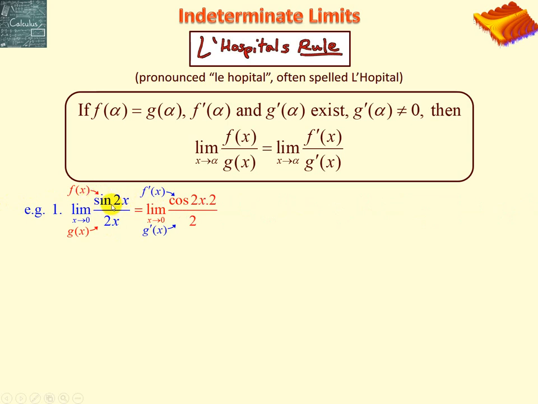Outside function sine, so it becomes cos, and it's still 2x. Inside function stays the same. Multiply by derivative of the inside function 2x, so it's multiplied by 2. All over 2x. Now if we simplify and substitute 0, we're going to end up with 2 cos 0 over 2. And cos 0 is 1, so we're going to end up with 1.